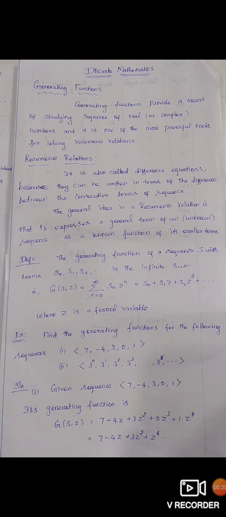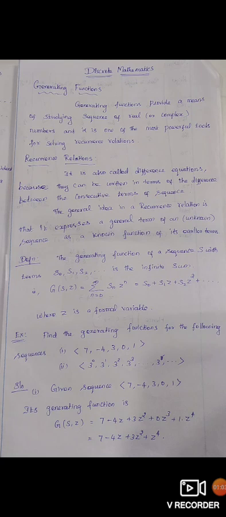The general idea in a recurrence relation is that it expresses a general term of an unknown sequence as a known function of its earlier terms. Definition of generating function. The generating function of a sequence S with terms S0, S1, S2, etc. is the infinite sum.